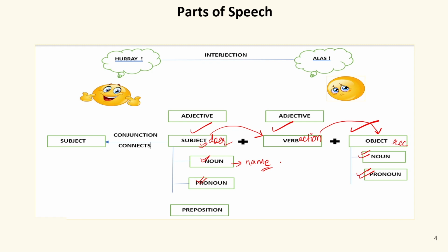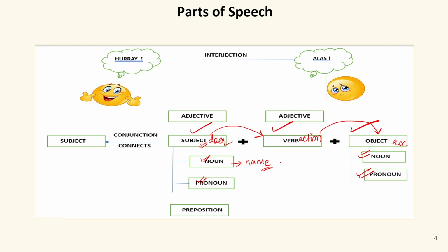For example, name of any place, name of any person, name of anything is known as noun. Everything that surrounds us is noun. For example, we have air, water, people, animals, trees, anything that surrounds us.